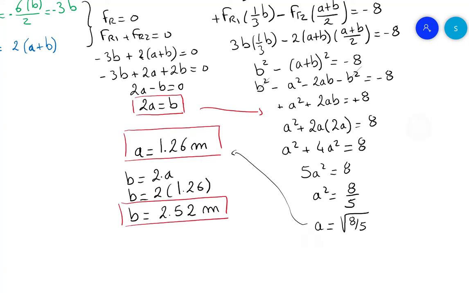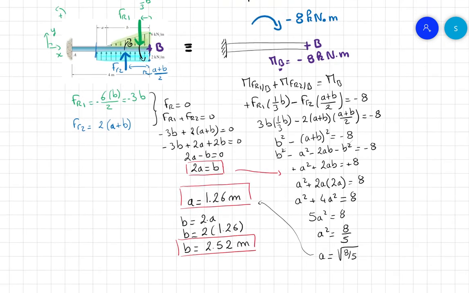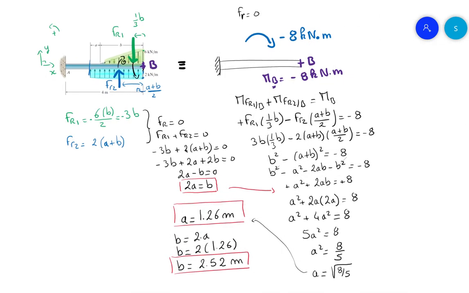So let's come back to the steps that we did. We made the two systems equivalent for the external loads, and we solved the first equation, FR1 plus FR2 equals 0 because FR equals 0, and the second equation, that the moments done by each distributed load, FR1 and FR2, are equal to the overall couple, that is -8 kilonewton times meter.